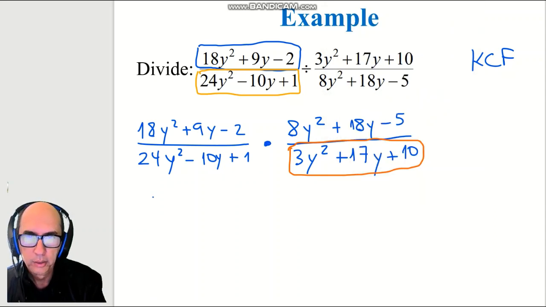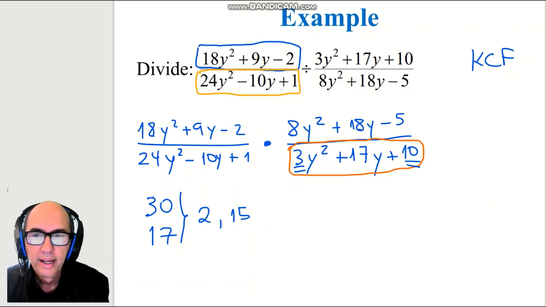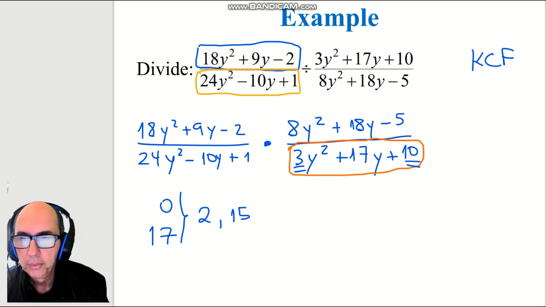You will multiply 3 times 10, 30, and 17. Find two numbers that multiplied equal 30 and if you add are 17. And I can easily see that we will have 2 and 15, right? 2 times 15, 30. 2 plus 15, 17. Cool? All right.